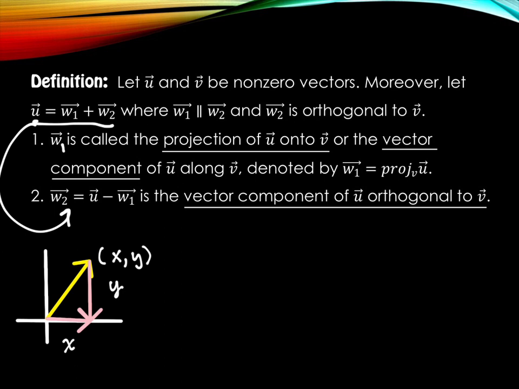But what this is actually telling you is that you can do this in any case. So if I were to take a random vector in space, here's my orange one, and I wanted to project it down onto another vector, we'll make this funny color here, over here, right? This is not an x, this is not a y, but I could still drop a perpendicular down here on top of this.